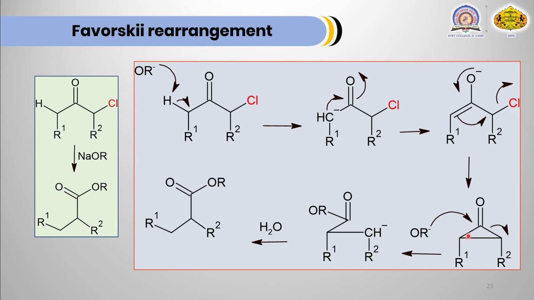This cyclopropanone intermediate undergoes reaction with base attack on this carbonyl group and ring opening takes place. After ring opening, there is formation of a carbanion and this carbon takes a proton from water or the solvent which is present in the reaction medium.